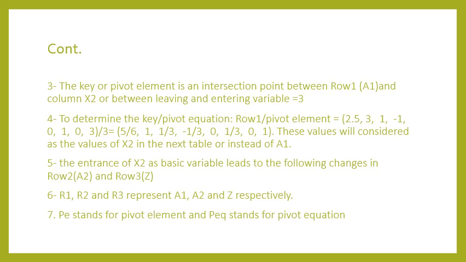Okay, referring to the previous table, the key or pivot element is an intersection point between row 1 or A1 and column X2, or between the leaving and entering variable. This key or pivot element equals 3.